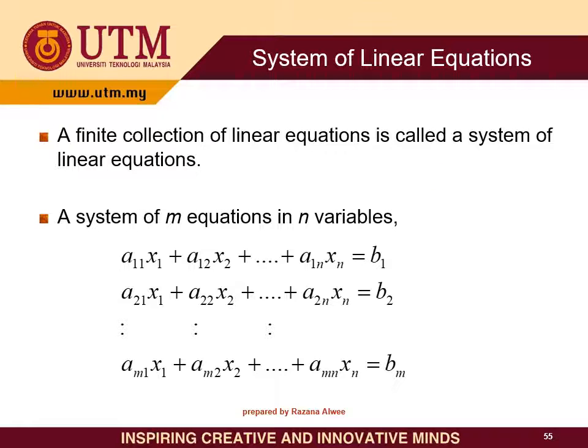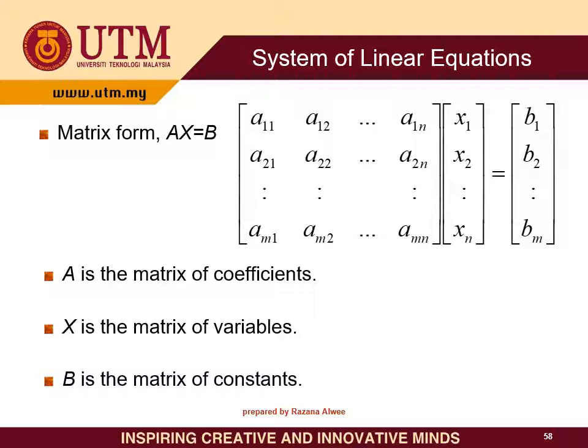As I mentioned before, a system of linear equations is a finite collection of linear equations, and it is a system of m equations in n variables, like this one. Okay, we have a matrix form of a system of linear equations represented by Ax equals to b. This is the A, this is the x, and equals to b.